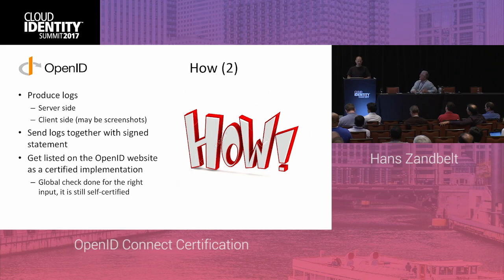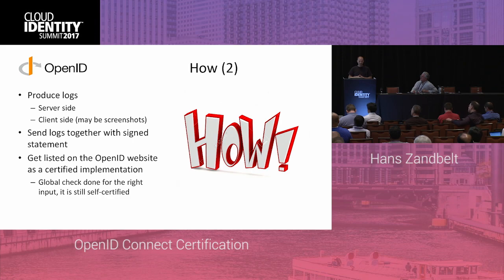You will bundle up the logs and you will sign them together with a signed statement that you actually went through the test and that you're the developer of this library and you want to get certified. You'll send it to certification@openid.net, and some people like Mike Jones will actually pick it up and check that all the bits and pieces are in place, and then you will get listed on the OpenID Connect certification website, as Mike Jones showed you just now.